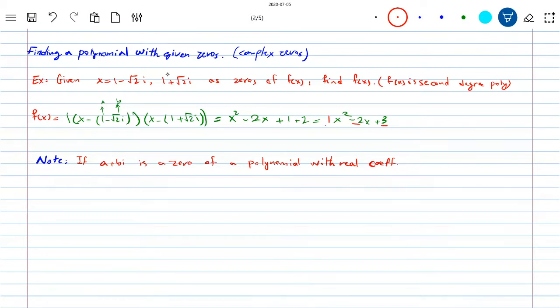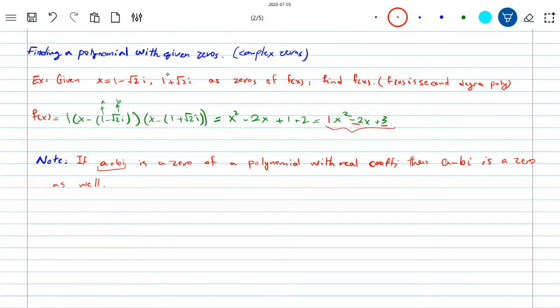So if you have such a polynomial with real coefficients, what are the zeros? If one of them is a plus bi, the other one has to be the conjugate. a minus bi is a zero as well.